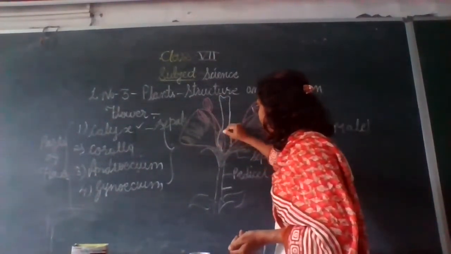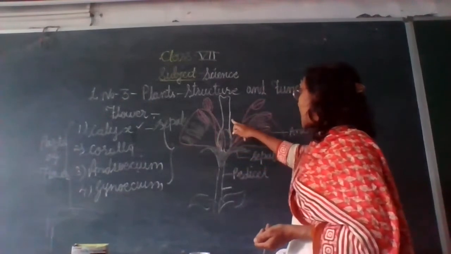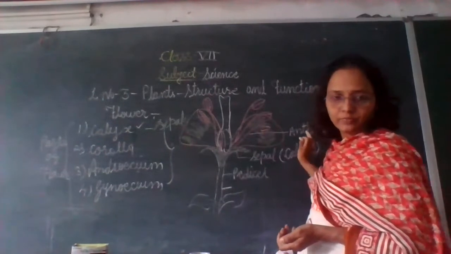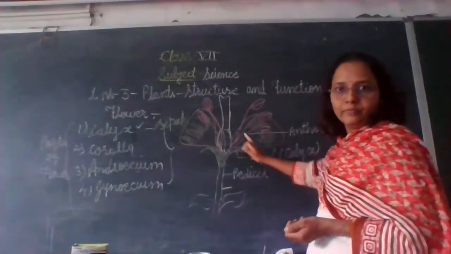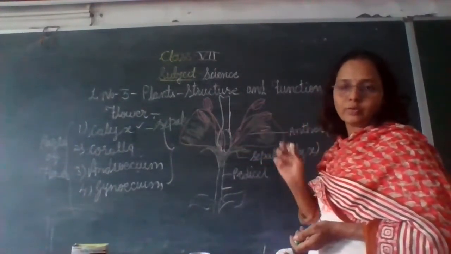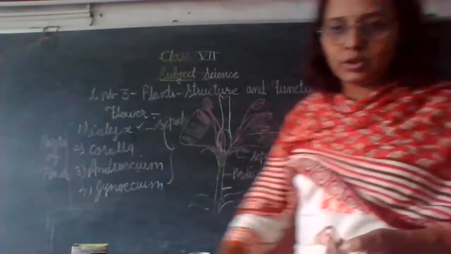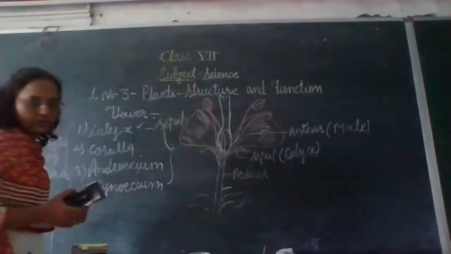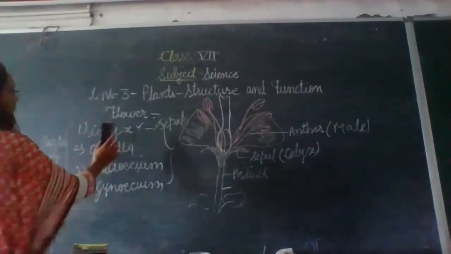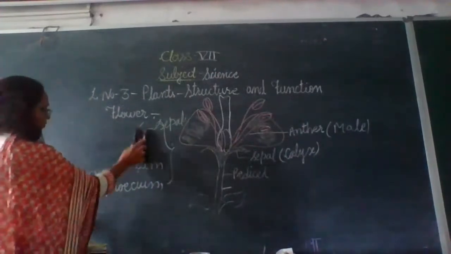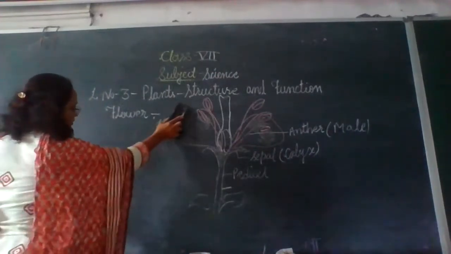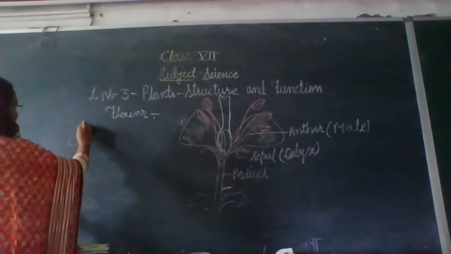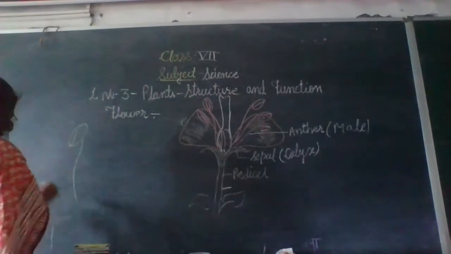At the base there is an ovary. This is the style and this is the stigma. So we see the structures separately: the androecium and the gynoecium. Okay, see the structure of the anther.